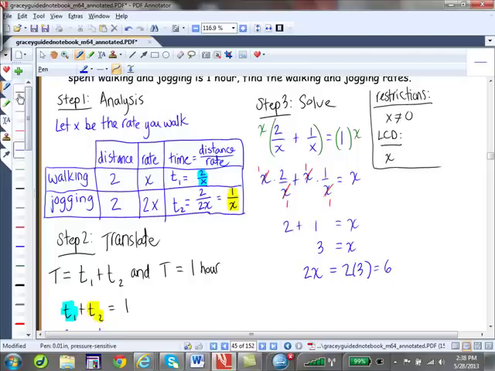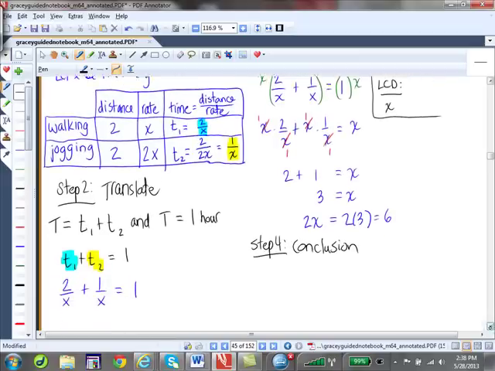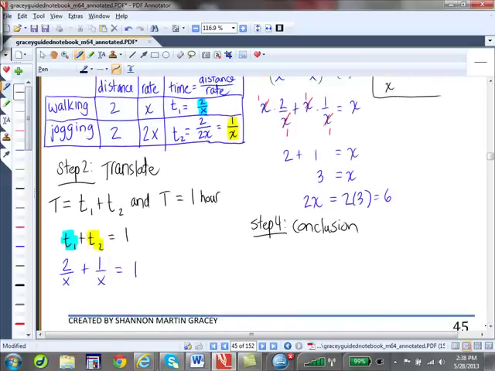So let's go ahead and answer the question. Step 4, conclusion. And you should check your results. For the sake of time, I won't be checking every result, but it's a good idea for you too, if you have time remaining on an exam, to check your results. So here we go.